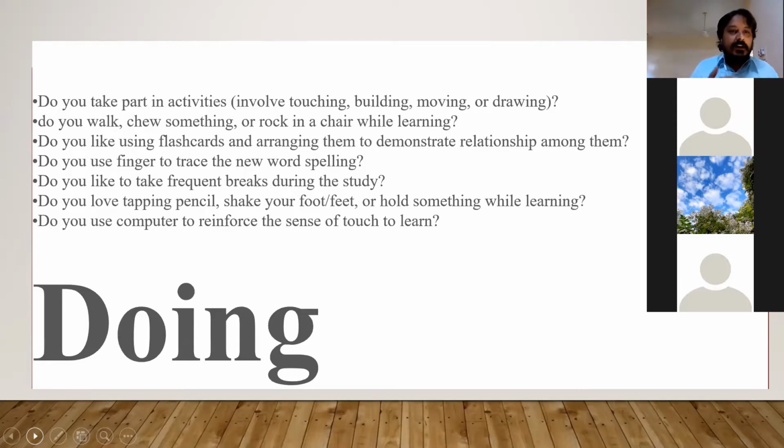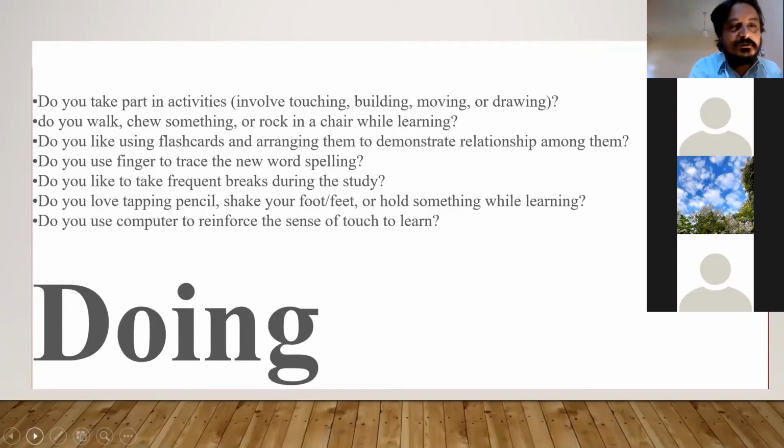Okay, so if you like using flashcards and arranging them to demonstrate the relationship between them, so you brainstorm things and then you say, okay, this is connected to A, no, this is connected to B or C, and C has a relation to F, and that's how you try to learn. And when you were a child, you may have used your finger when reading.